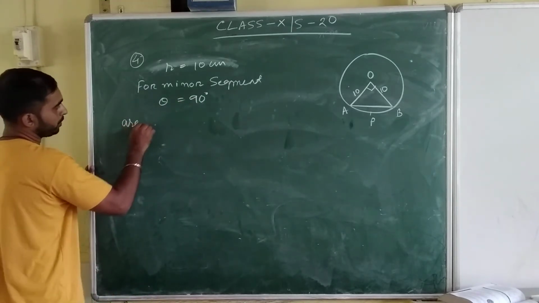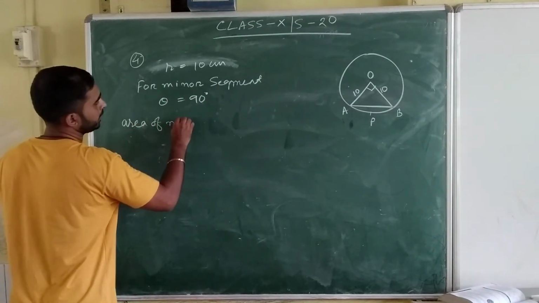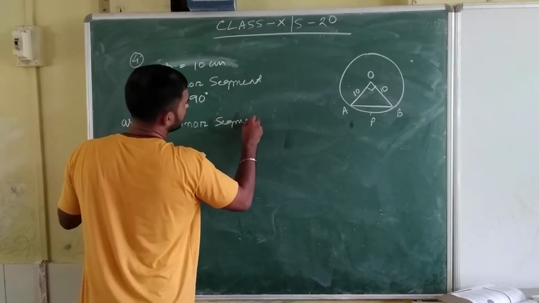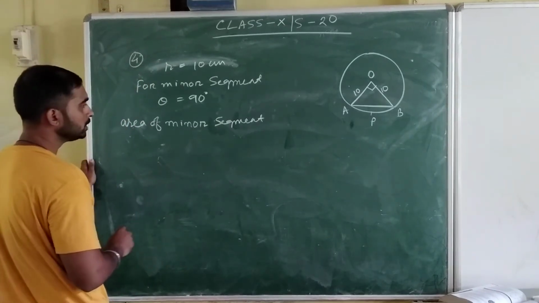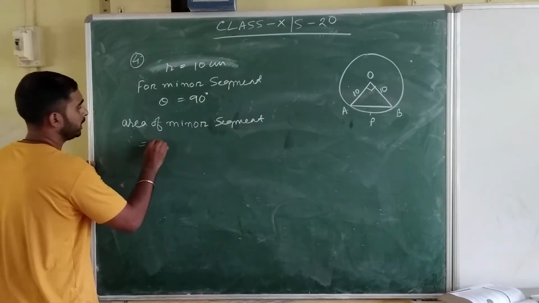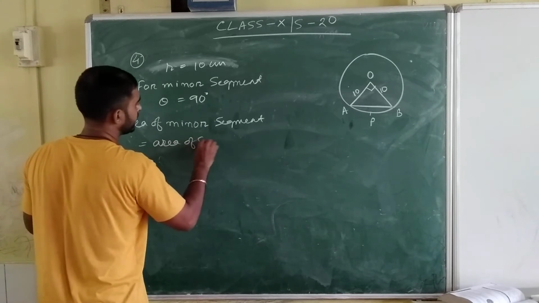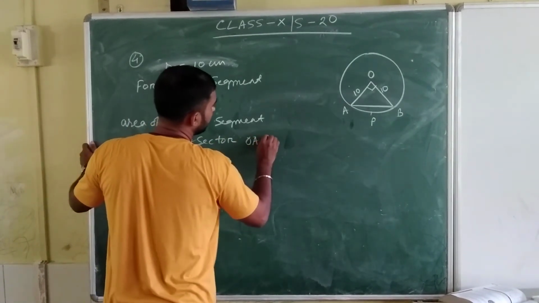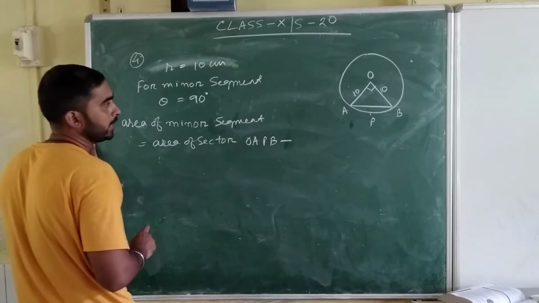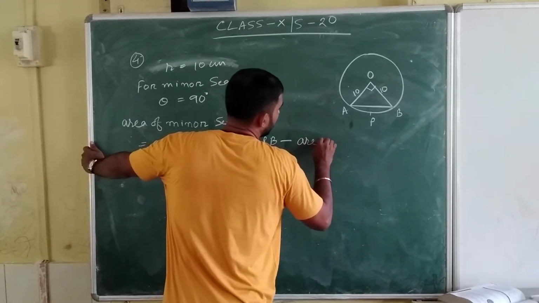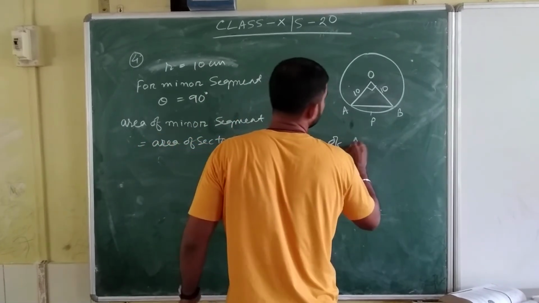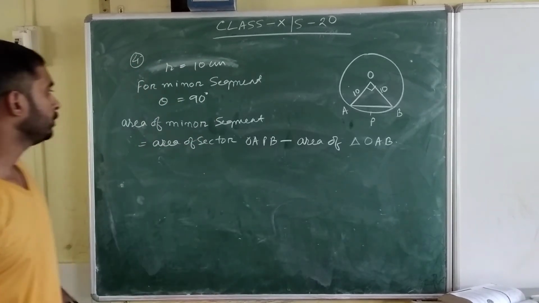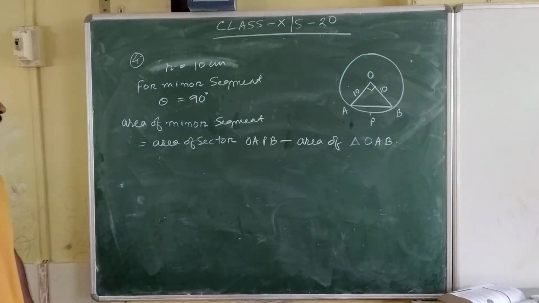So area of minor segment equals how much? Area of sector OAPB minus area of triangle OAB.